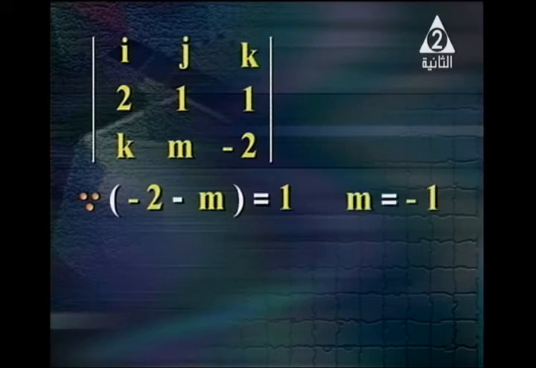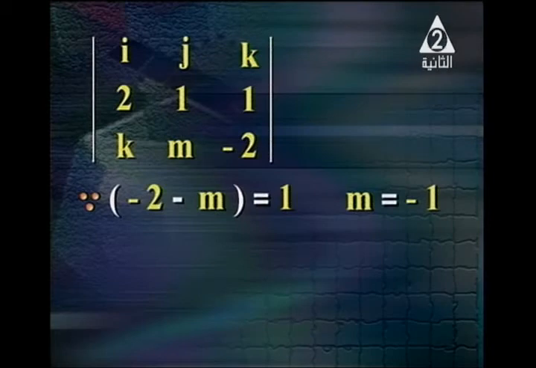Look, dear student. We find the moment with the rows i, j, k; then 3, 1, 1, the position vector r; then k, m, negative 2, the coordinates of the force.